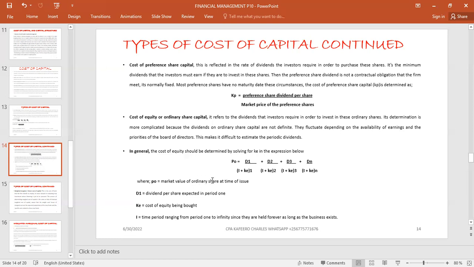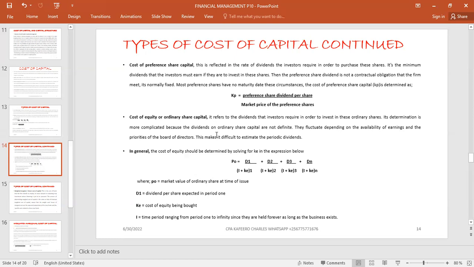Hope you can get these differences between the cost of equity and the cost of preference shares. For the cost of preference shares, it is 10%. It is known. It is not changing. You are supposed to give them that, depending on how you've agreed, if it is per year, then they are supposed to get that percentage for that year.